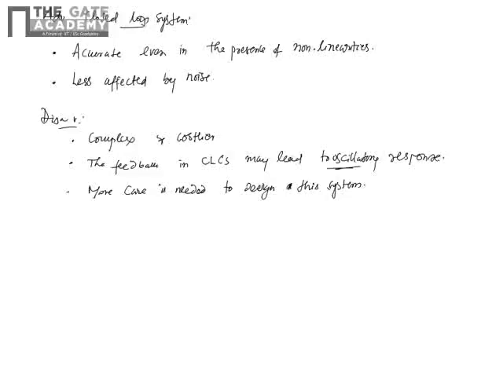Here we have to discuss some more basic concepts: what is a linear system and what is a time invariant system. These are the fundamental things if you talk about LTI systems.